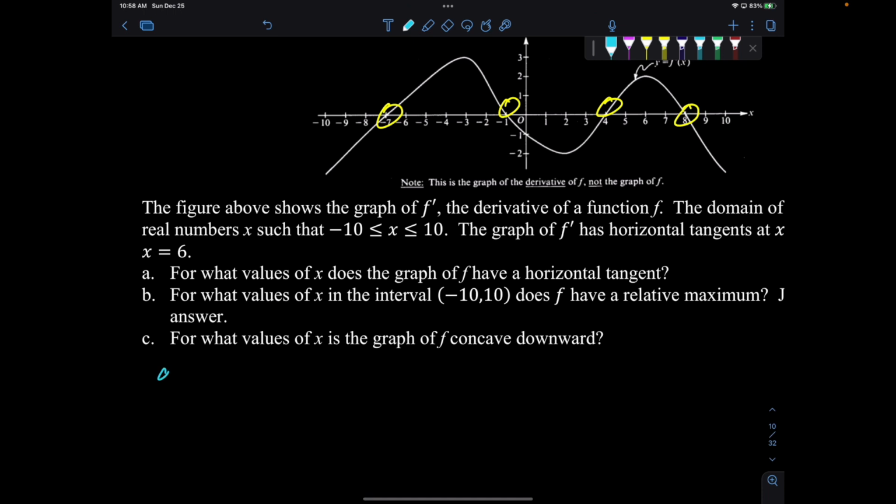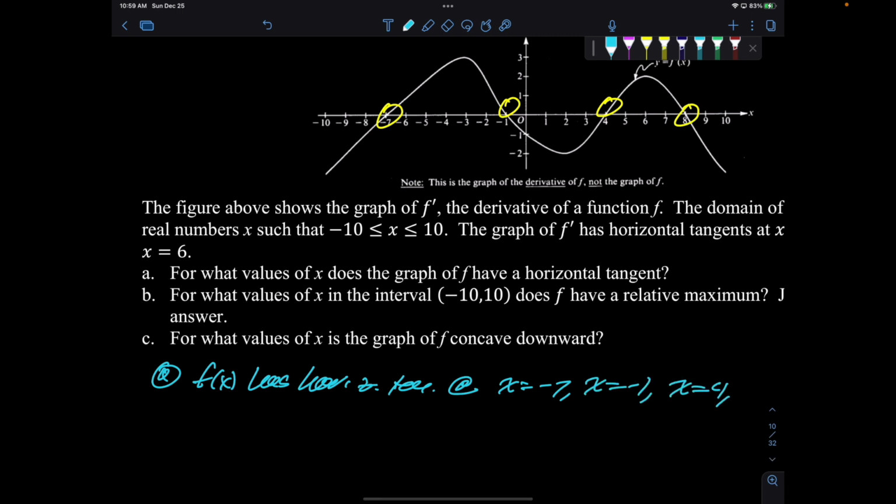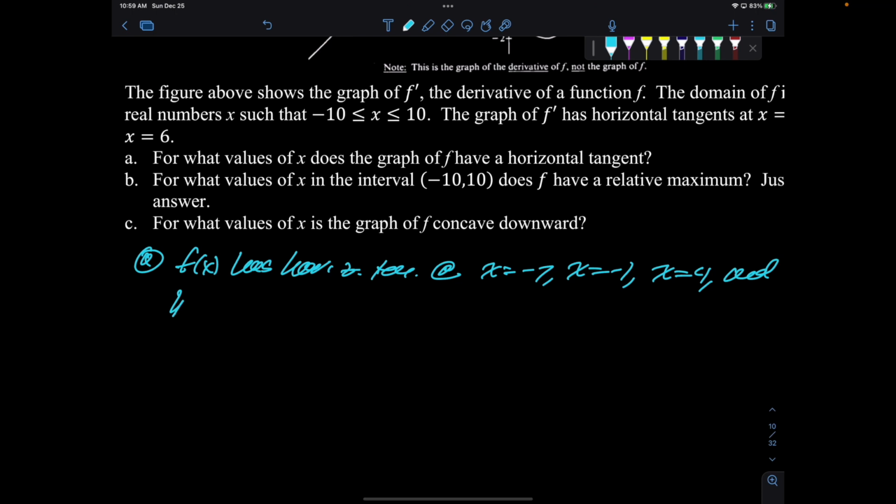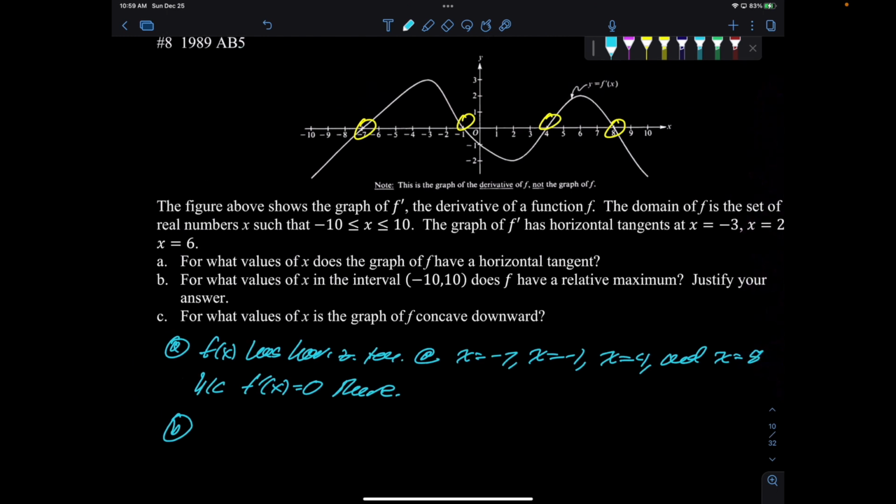So A: f of x has a horizontal tangent at x equals -7, -1, 4, and x equals 8. And let's give a reason. We'll say because f prime of x equals 0 there. And that's it. You just got to get good at reading the graph, right?